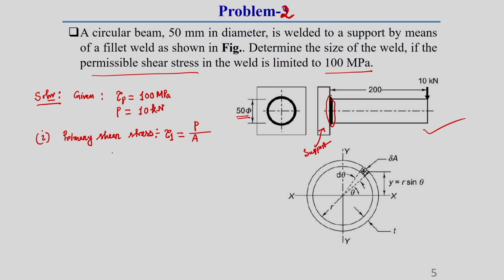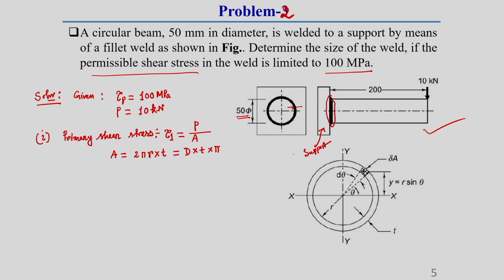So, the cross sectional area at the throat thickness position will be 2 into pi into r of this shaft into T, or since 2r equals the diameter d of this circular shaft, that can also be written as pi into d into T. This is the total cross sectional area at throat location.